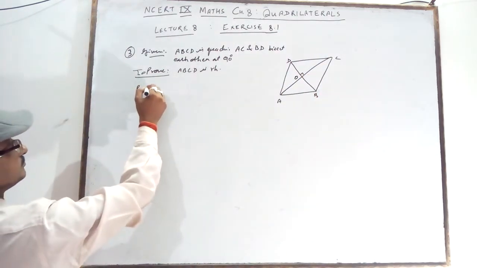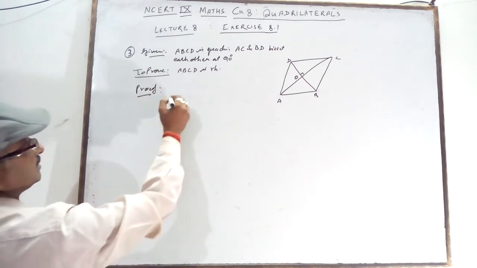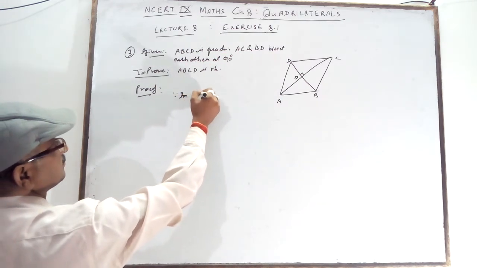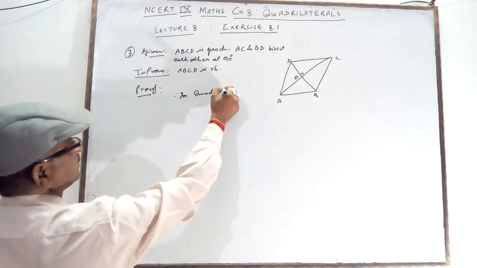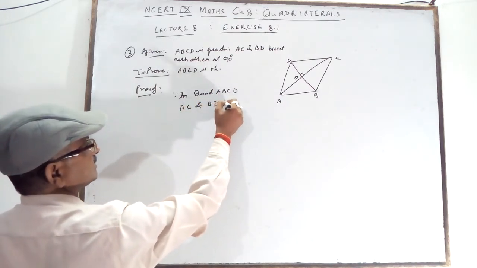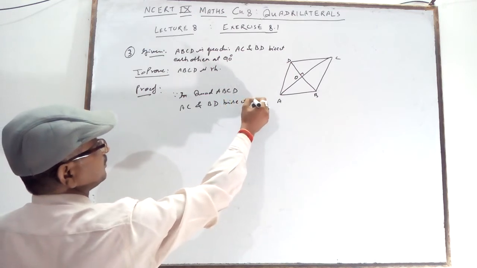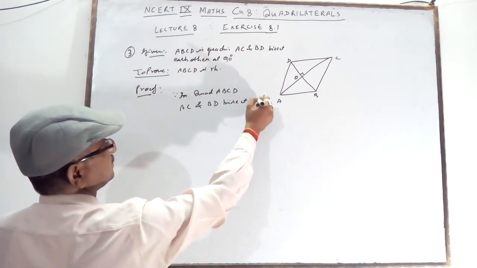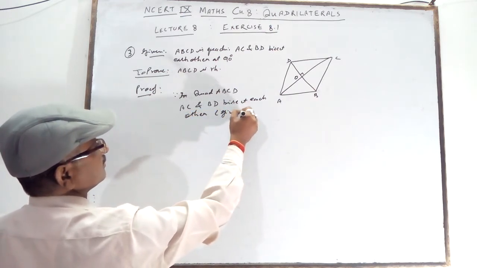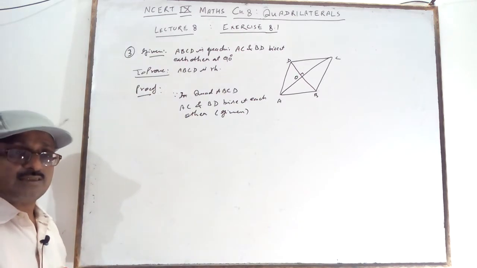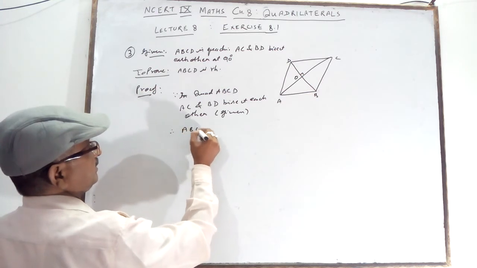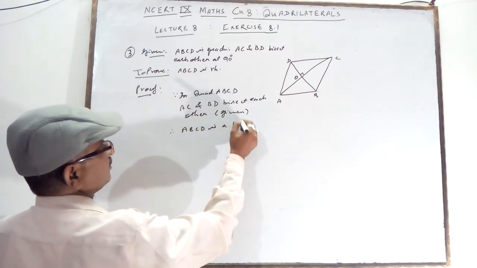Proof. Because in quadrilateral ABCD, AC and BD bisect each other, which is given. So any quadrilateral, if the diagonals bisect each other, ABCD is a parallelogram.